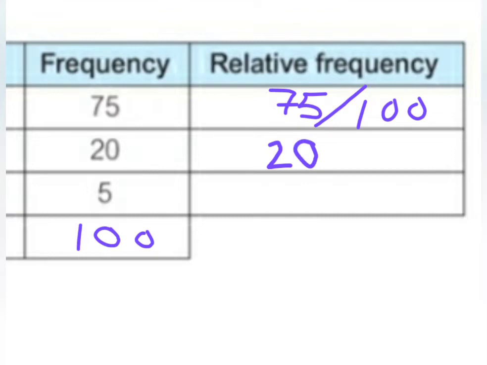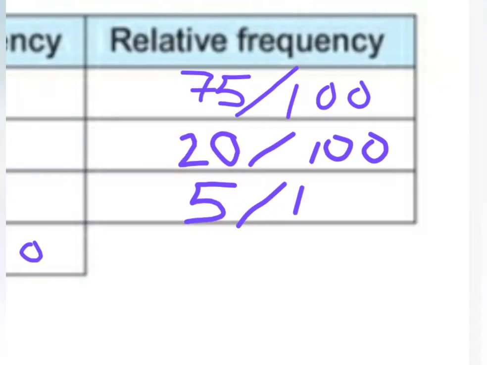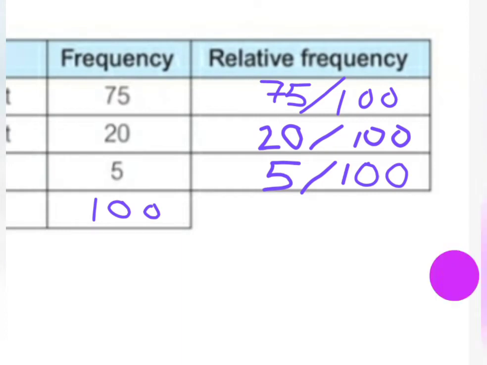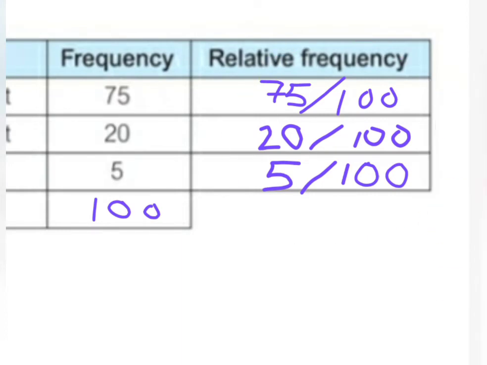Very good. And then the last one, we have 5 over 100. Very good. Now, like this, we found the relative frequencies for each event.